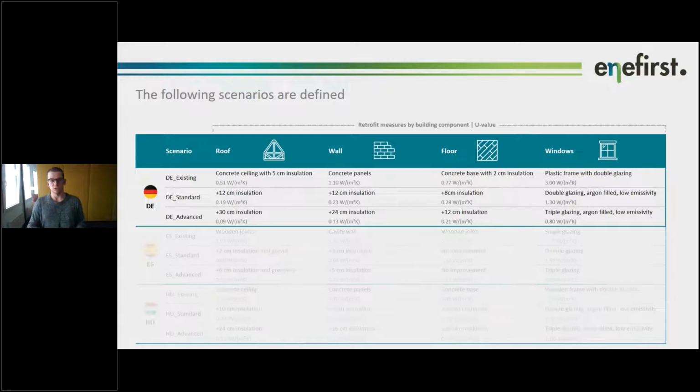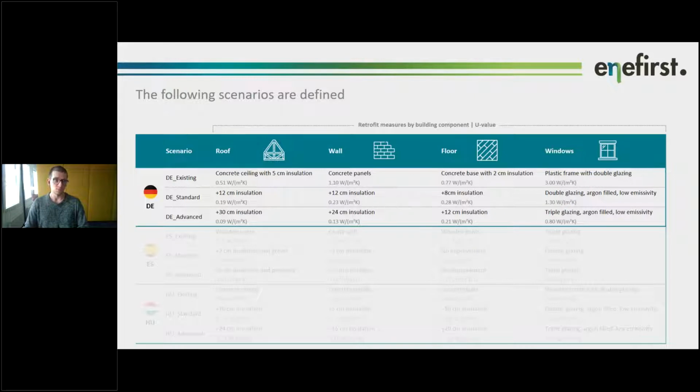Let's have a closer look at the assumptions behind these scenarios. If we just focus on the case of Germany here, we defined basically a renovation package for the roof, the walls, the floor, and the windows of these buildings. And here below you see the U value for the thermal transmittance of these building components.